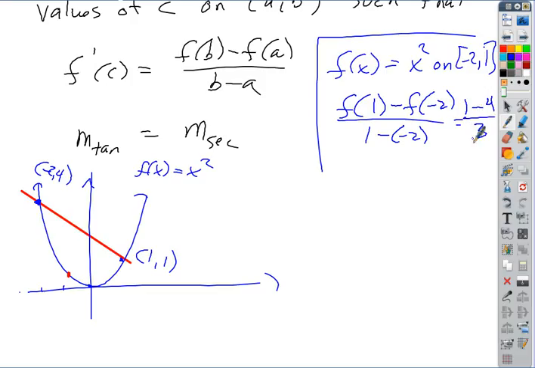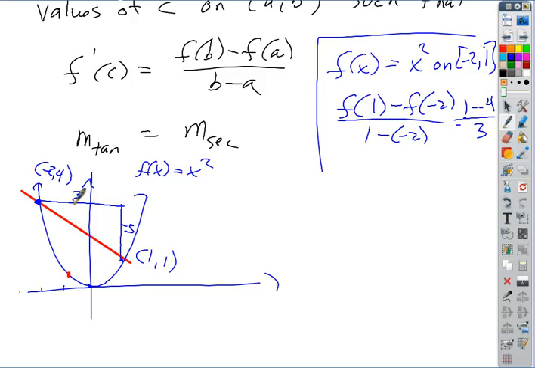Everybody see that? 1 minus negative 2. In other words, going from there over to there, I've risen by negative 3 and run by 3. That's all we said, right? f of 1 is 1, f of negative 2 is 4, over the change in x.